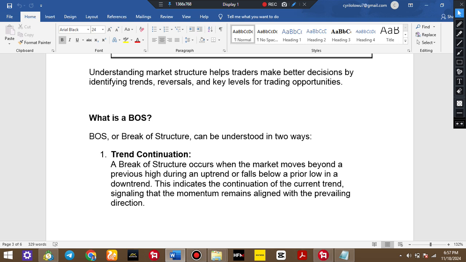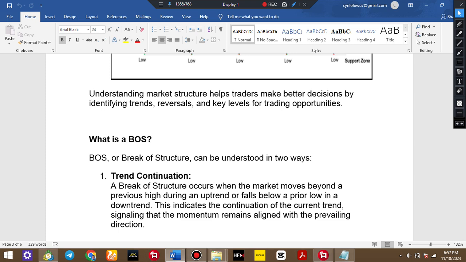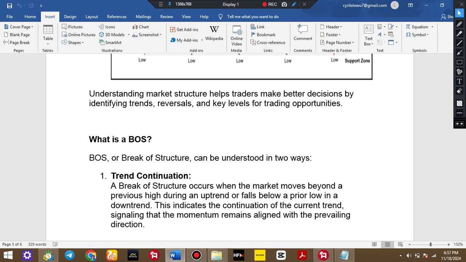That being said, let's get to the second part, which is called BOS. Market structure is the general concept, but we can't just talk about uptrend and downtrend and say we understand market structure. No, we still need to go deeper by explaining what BOS means.